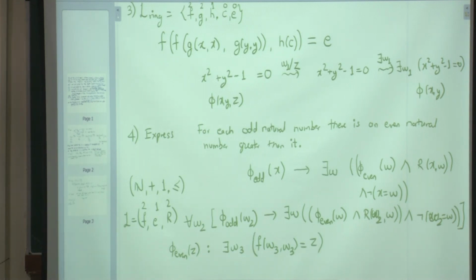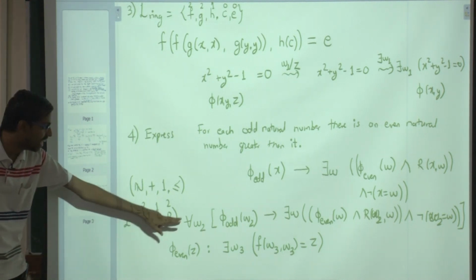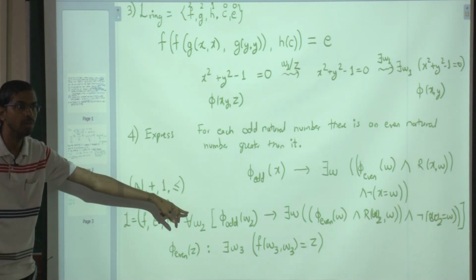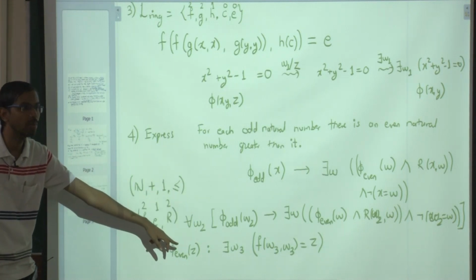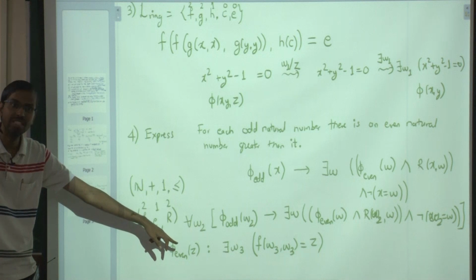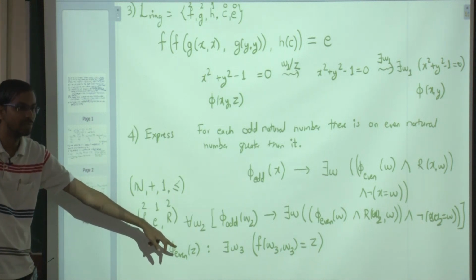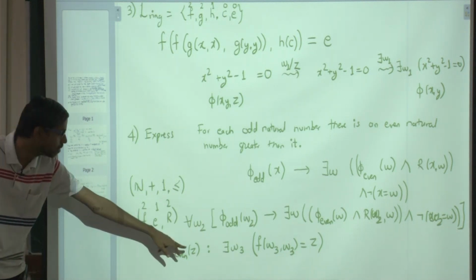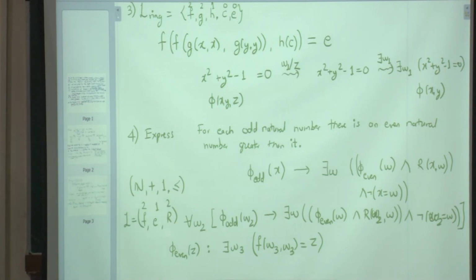F of W3 comma W3 is equal to Z. Easy enough. Now, as you can see, I have already used W and W2. I needed a new variable, and that's why we started with a countable set of variables. I needed a new symbol, so it was available for me.